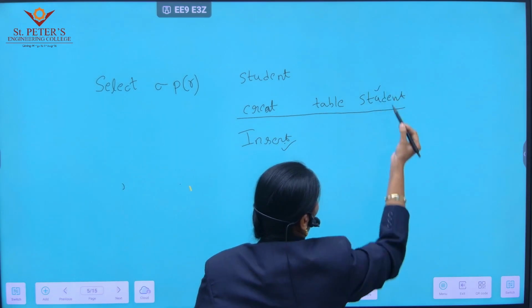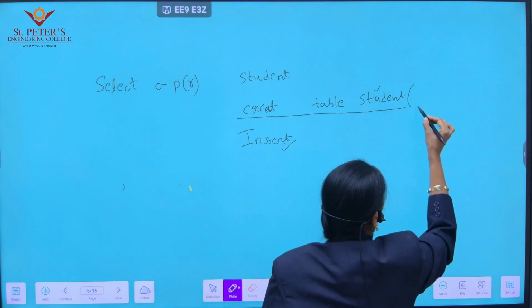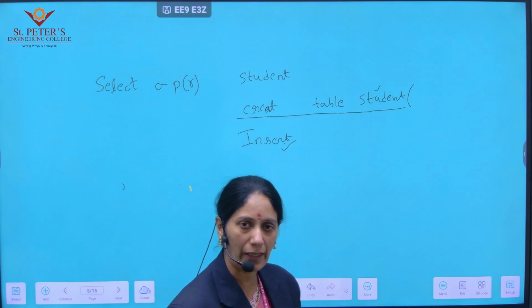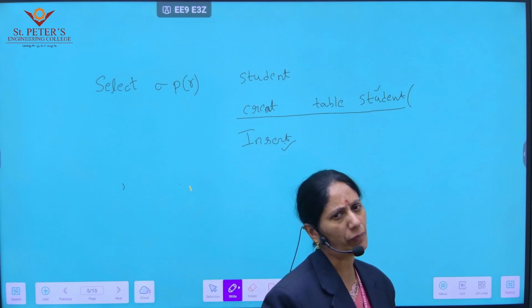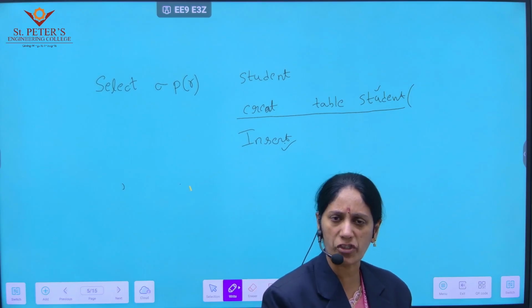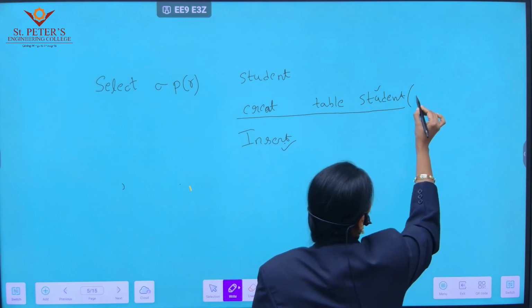Table name is student relation. In the student relation, now I want to enter the student ID, student name, student marks, student phone number. These data enter into which relation? Student relation.